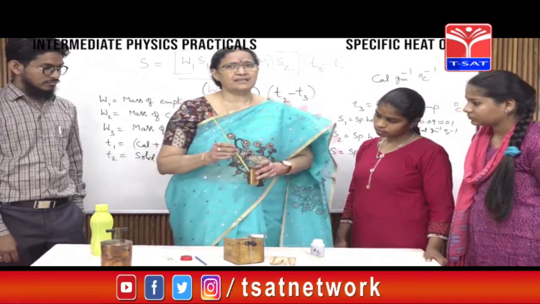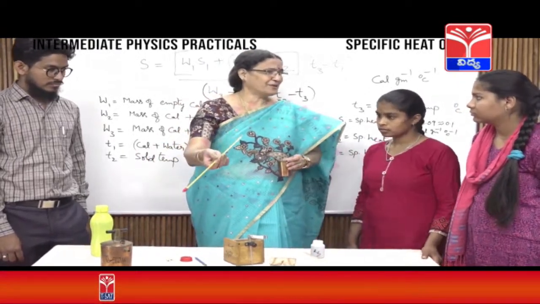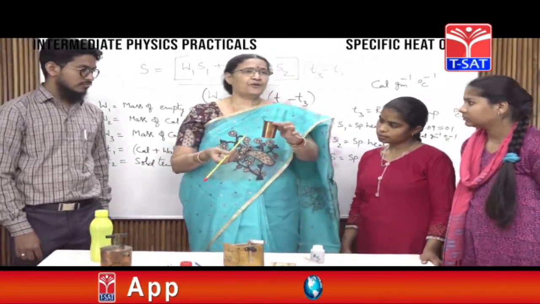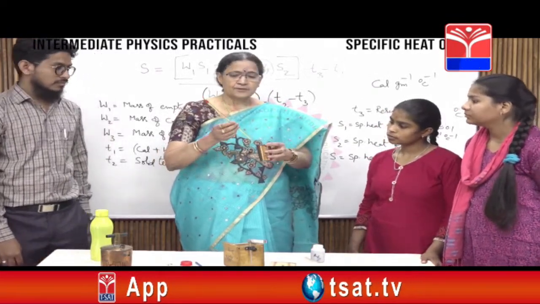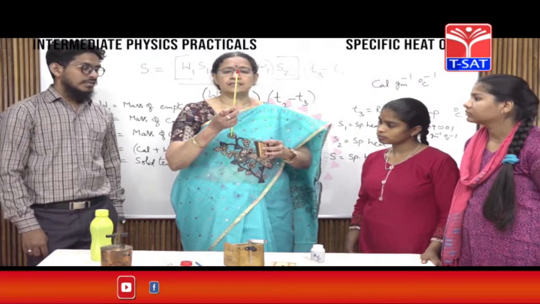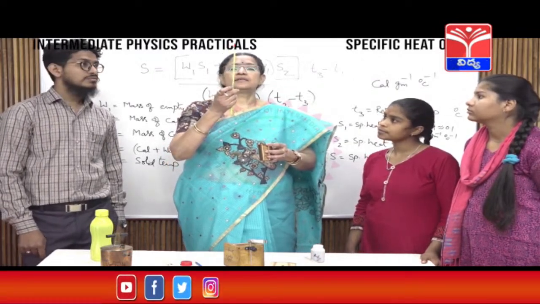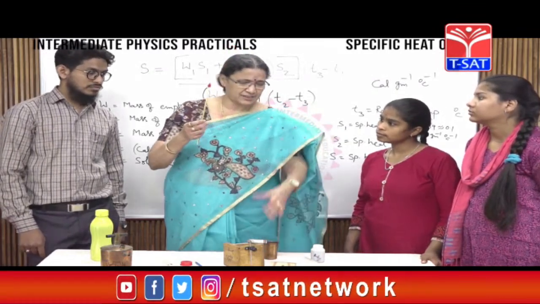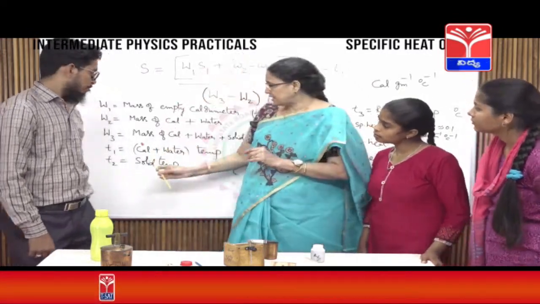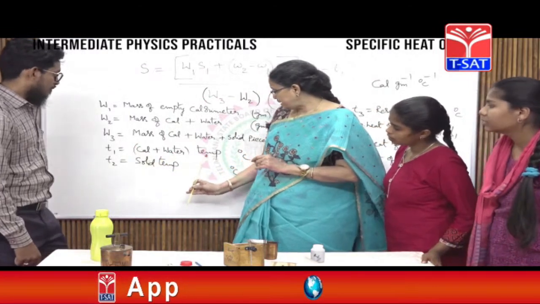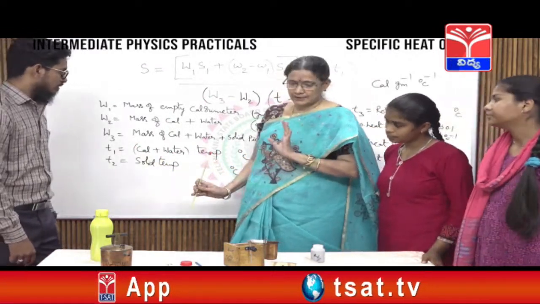You can keep it inside or outside, it will be the same thing, because you have not yet heated it. So you can just note down how much it is today. It will be between 25 and 27. It is showing 25. That is T1. T1 is the calorimeter plus water temperature.